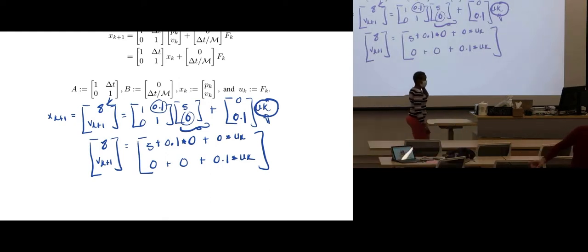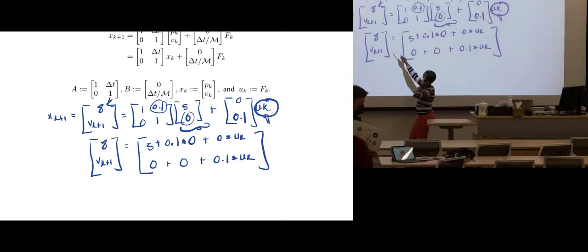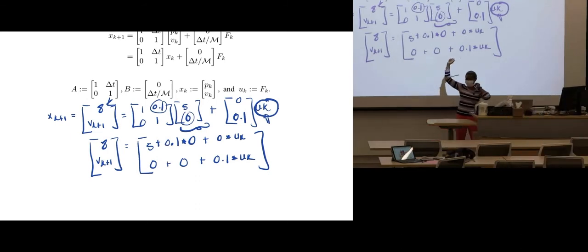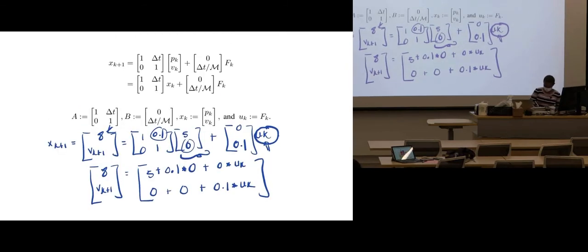So let's talk about 2.1 now. The question is, is it possible to find UK such that you can go from 5 meters to 8 meters? And the answer is no. The reason is, if you take a look at where your input is affecting your equation, it's coming in at the velocity level. So if I'm starting from 0 velocity, it doesn't matter what force you give me.